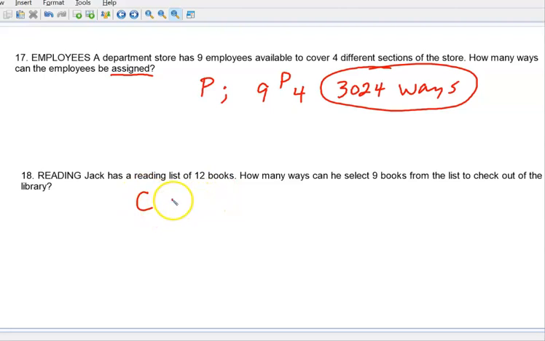So this is going to be a combination, and so it's 12C9, and we'll go back to our calculator. 12, MATH, PRB, NCR, 9, and that's 220 different selections.